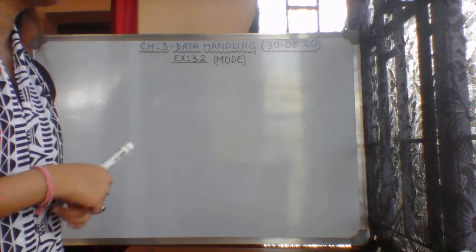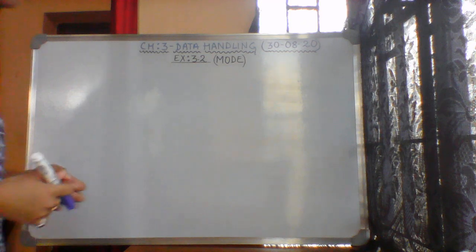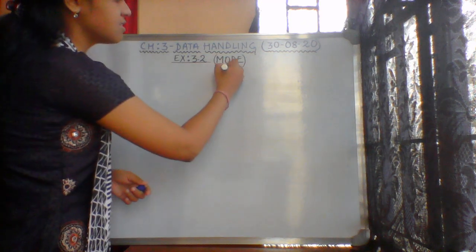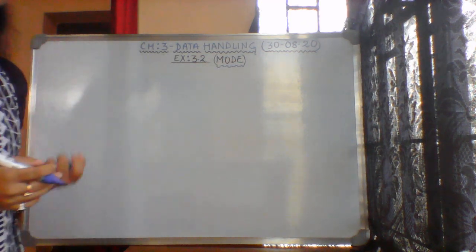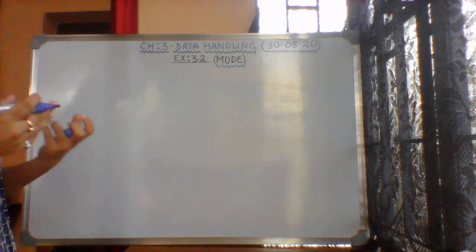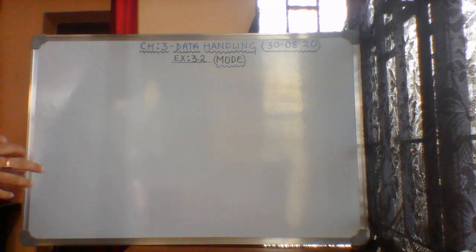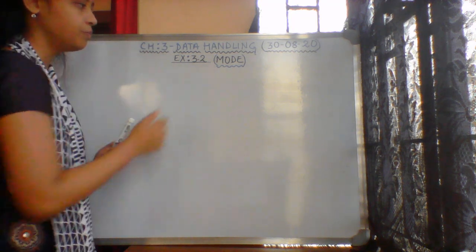Now you might be thinking, why are we using another type of central tendency, that is mode? We already learned mean, and we can use mean to find the central value of any given data. Then why use mode?